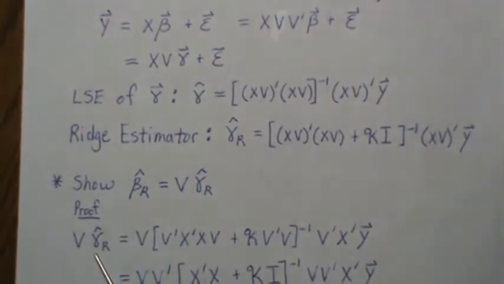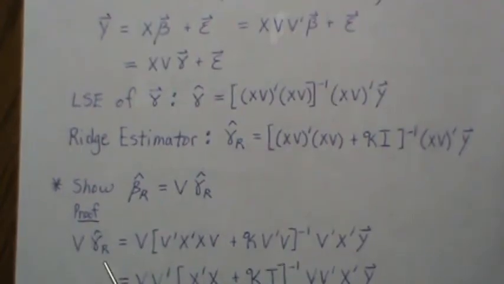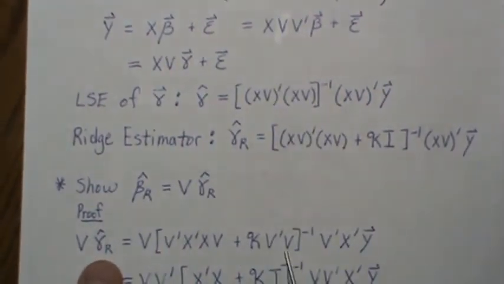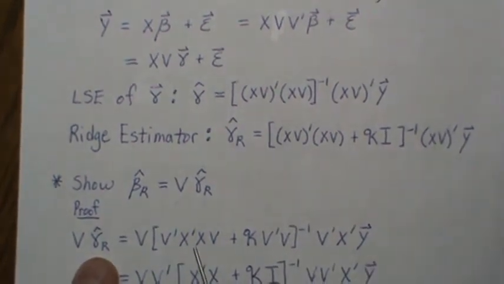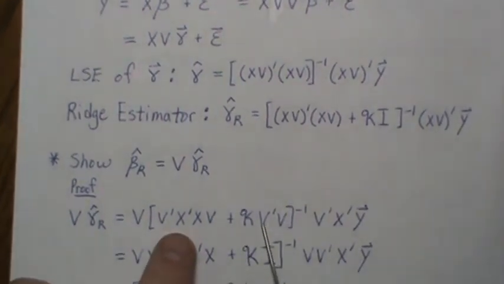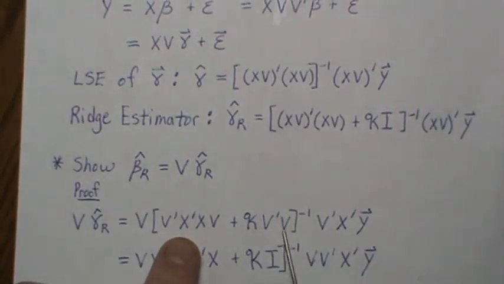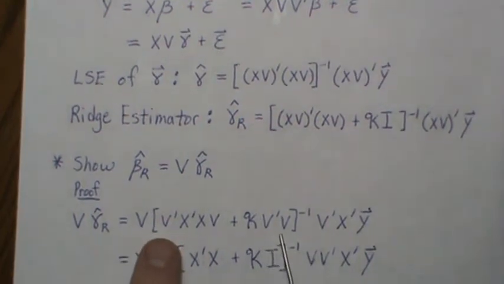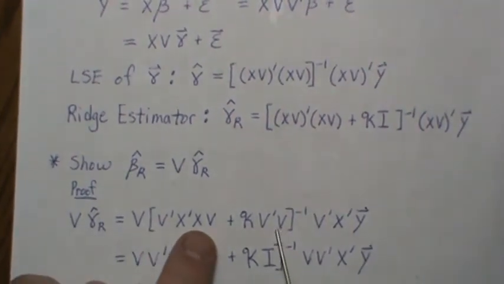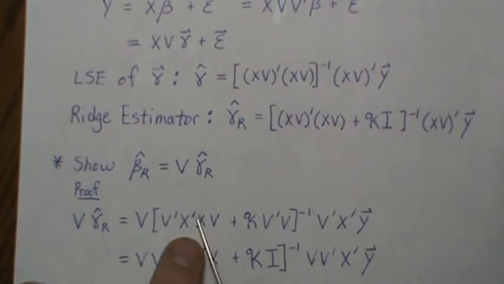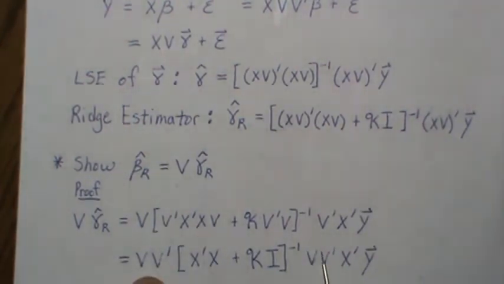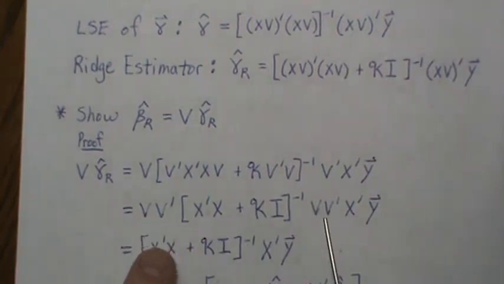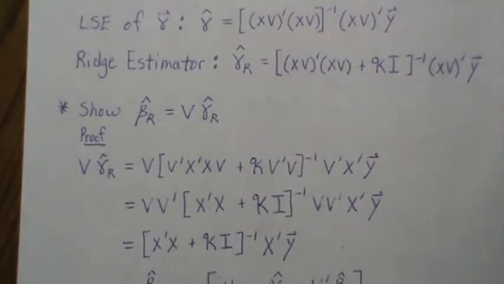So we have V gamma hat, and we write out what our ridge estimator is. Notice that V prime V is the identity matrix. So we factor out a V prime on the left, and we factor out a V on the right, and then we distribute the inverse, and we get this. That's the identity, this is the identity, and then we're left with this.